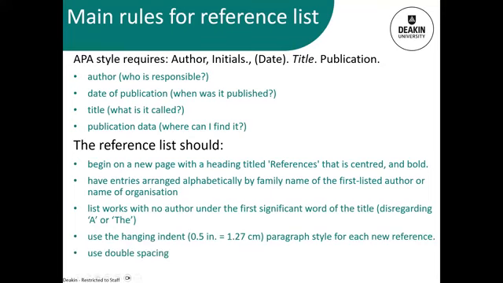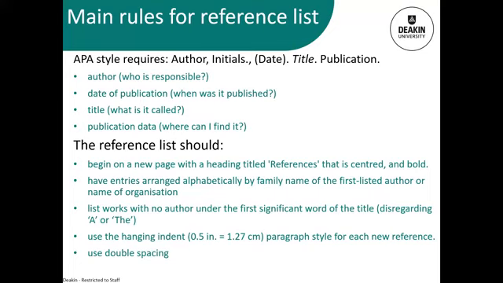In terms of what information you include in the reference, depending on the type of source, the format may vary. That's where you go back to the Deakin guide and check what the formatting requirements are for that particular source. When you're putting it all together in your reference list, you have your heading at the top.